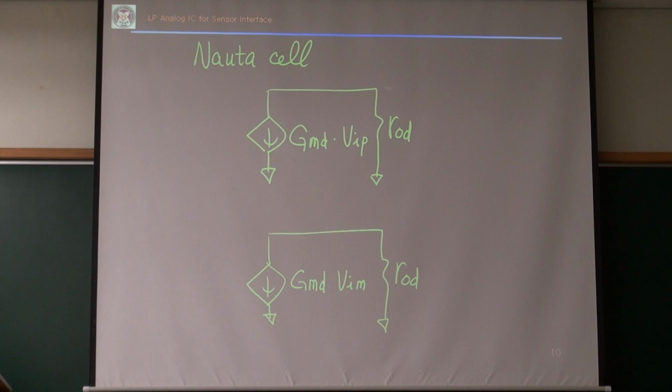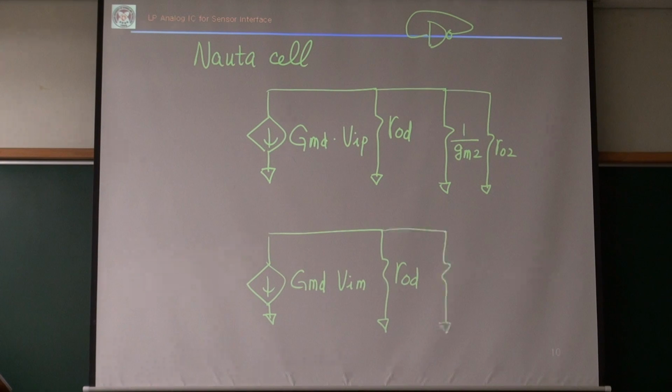You can see I have that gm of this inverter, that thing is just 1 over gm. Then gm2, it may have some ro there, ro2, and this is 1 over gm2. Same thing is attached there, right?